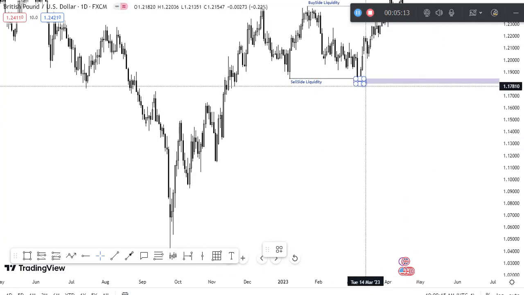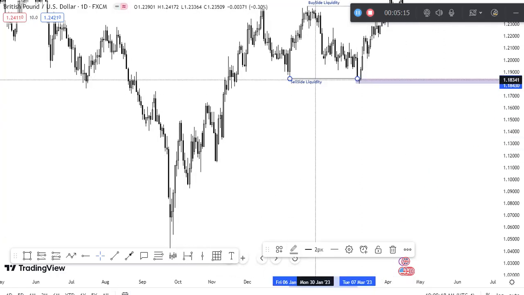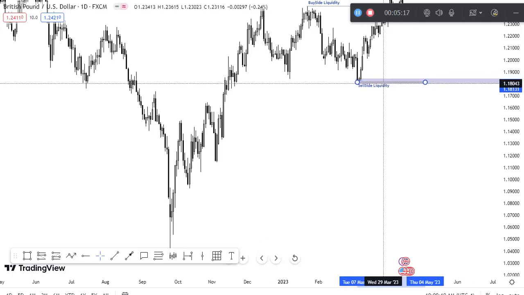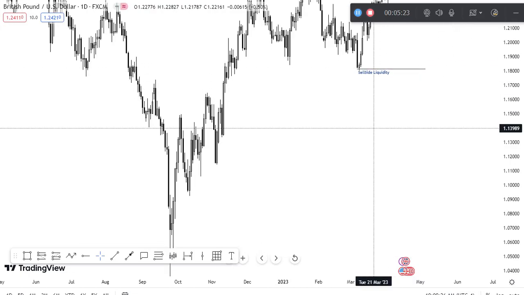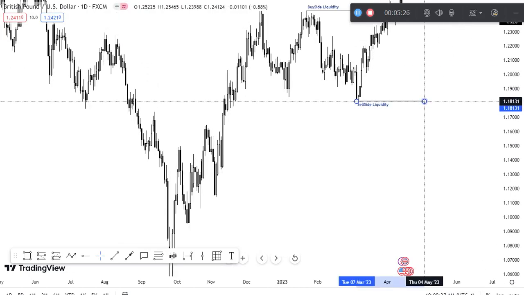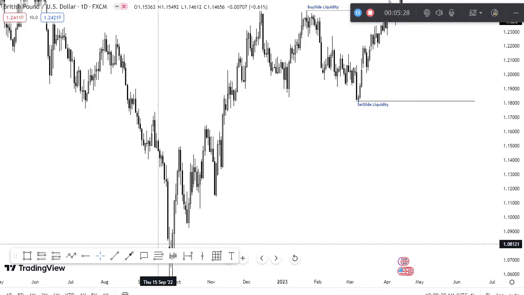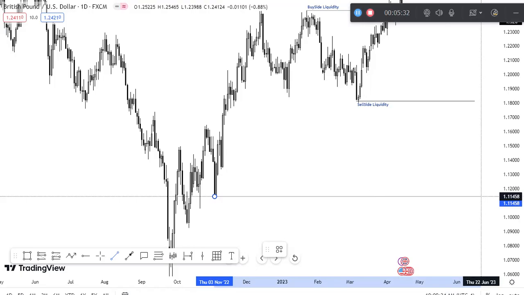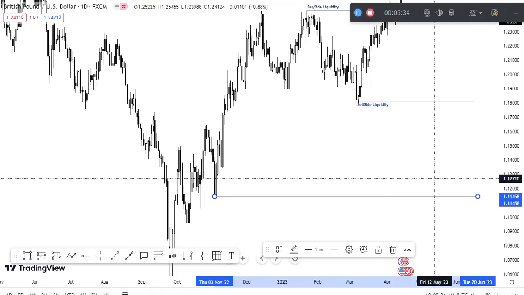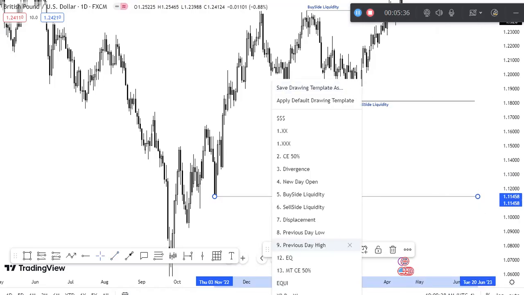The first one has been violated, so we would be considering this one as the most recent sell side right here. This right here is a sell side that has not been visited.